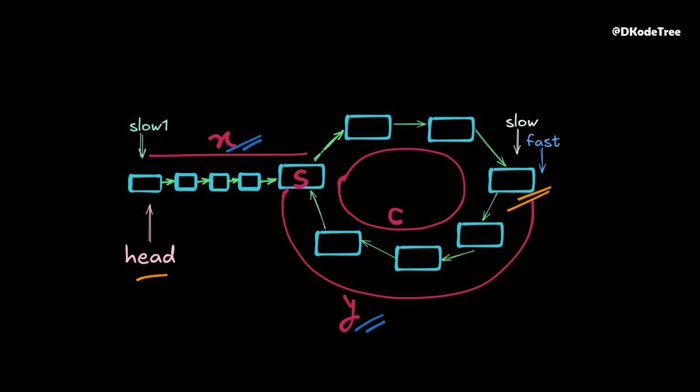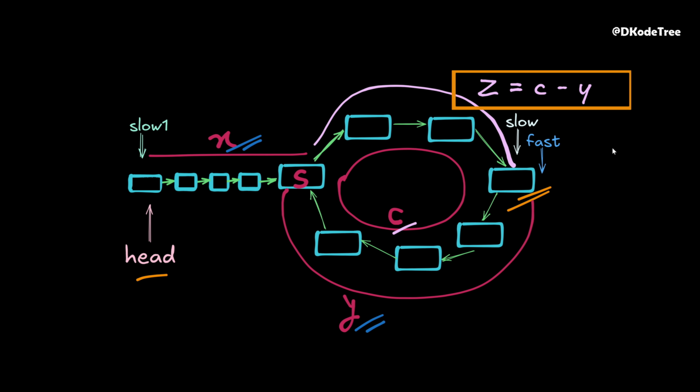And for our calculation purpose, let's denote the remaining distance, that is from the start of the cycle to the intersection point, as z. Now note that if this entire circle is of length c and this part is y, then z actually becomes equal to c minus y. This equation will come in handy while understanding the proof.